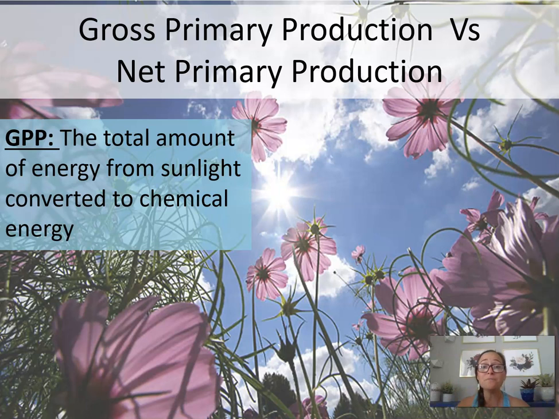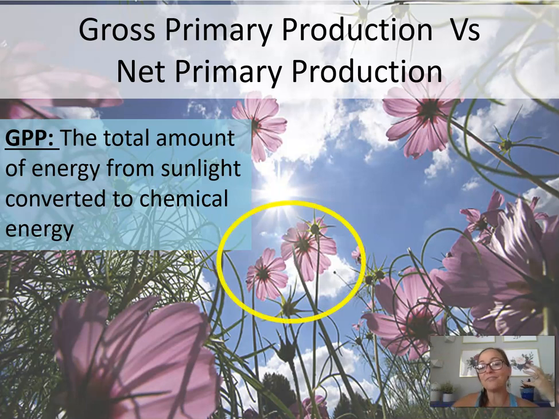They have their own mitochondria, even though students tend to forget that, or people, not just students, but we think about plants having chloroplasts and animals having mitochondria. We need to remember that plants also have mitochondria. So they are going to take some of that glucose or organic molecules that they made, and they're going to break it down to release ATP.